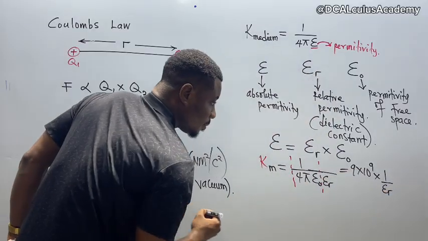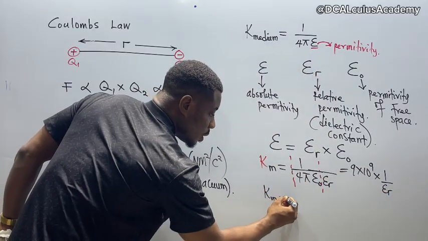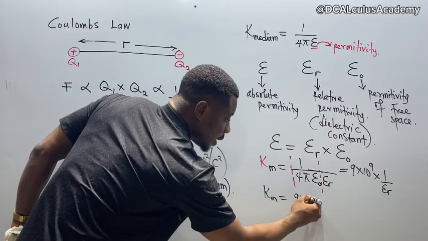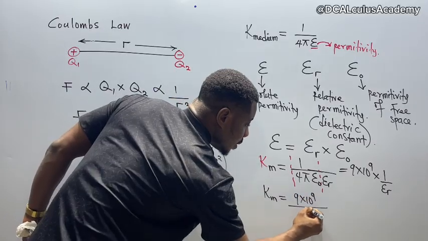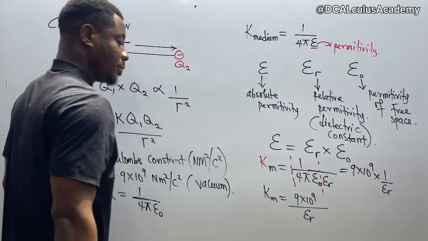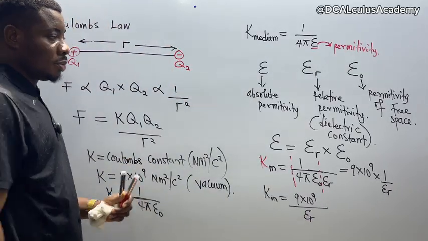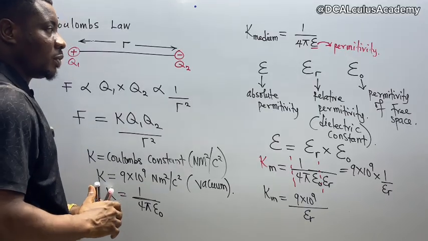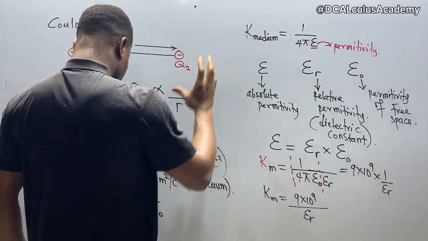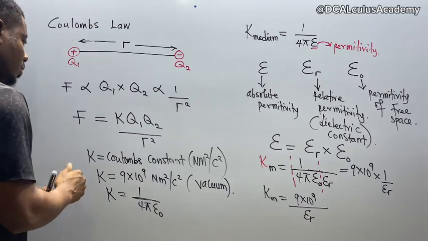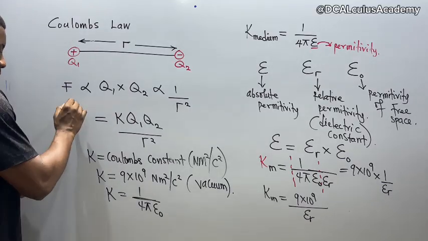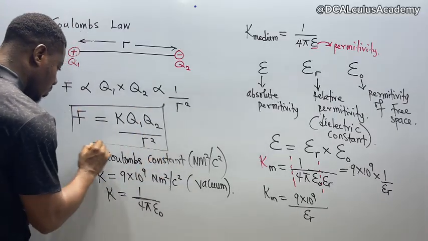So finally, K for medium is equal to 9 times 10 raised to power 9 divided by epsilon r. What I should take note of here is that K for medium is the formula for your electrostatic force.